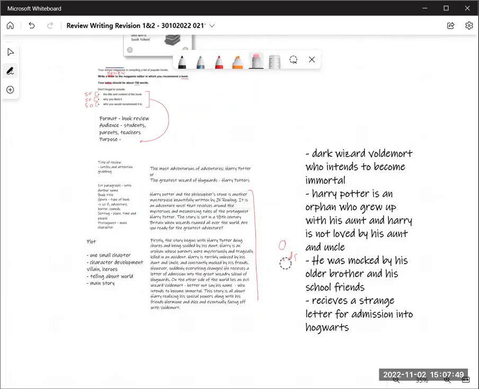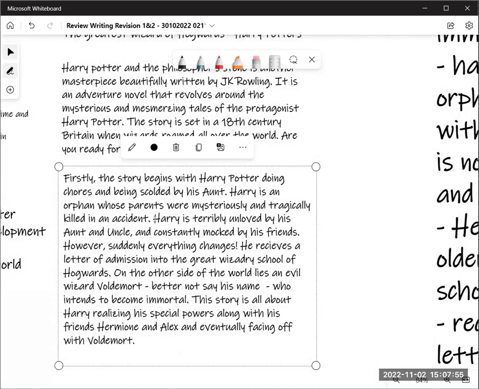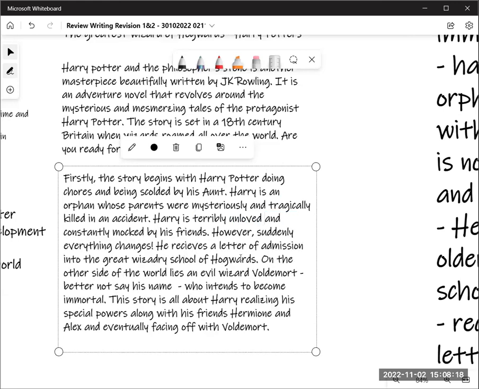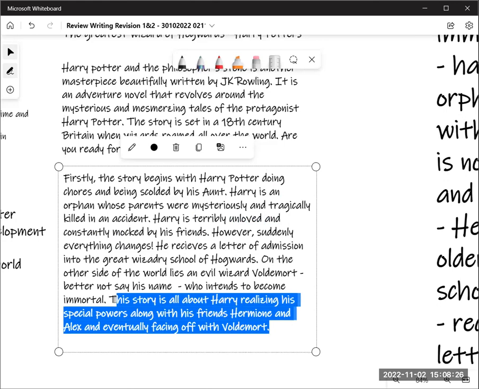Okay, let's remove a few things. We can remove, let's say, let's remove the unloved part. That's enough.